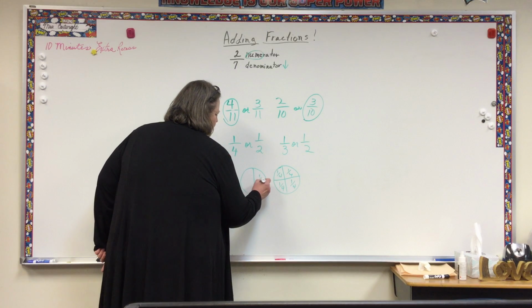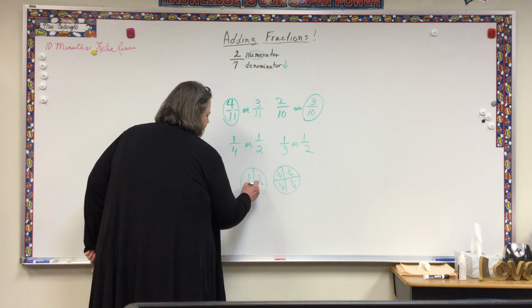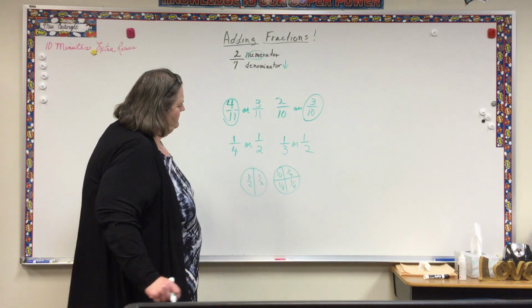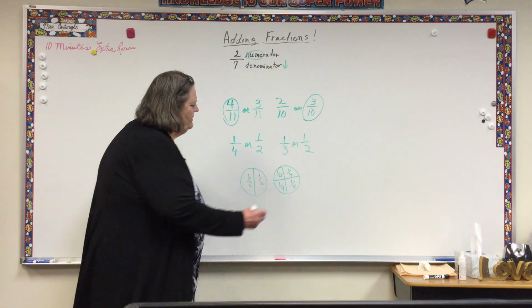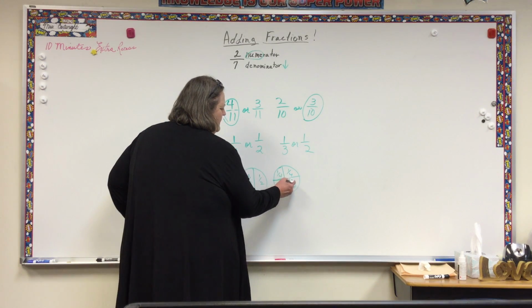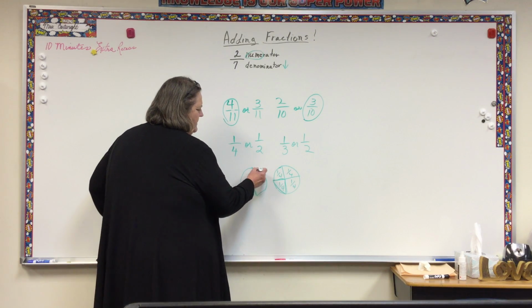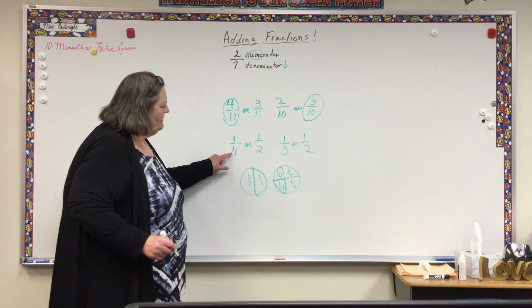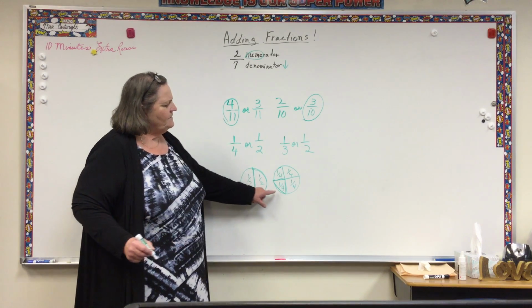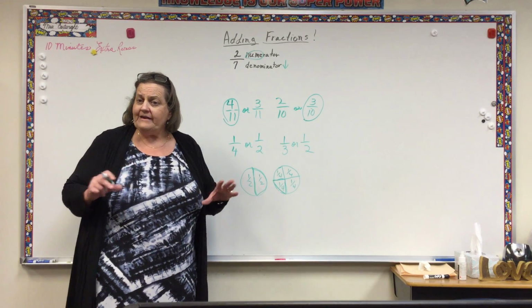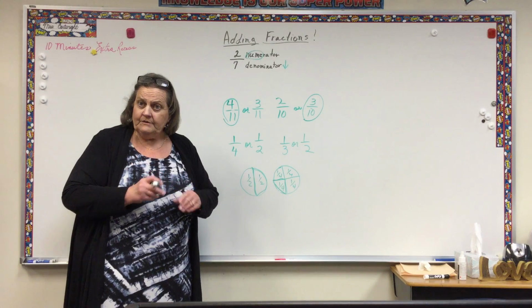Each one of these is 1/2. Do you see? This space here is smaller than this space, isn't it? So you see how the higher number on the bottom makes it smaller, because the whole's divided into more pieces, so it's got to be smaller.